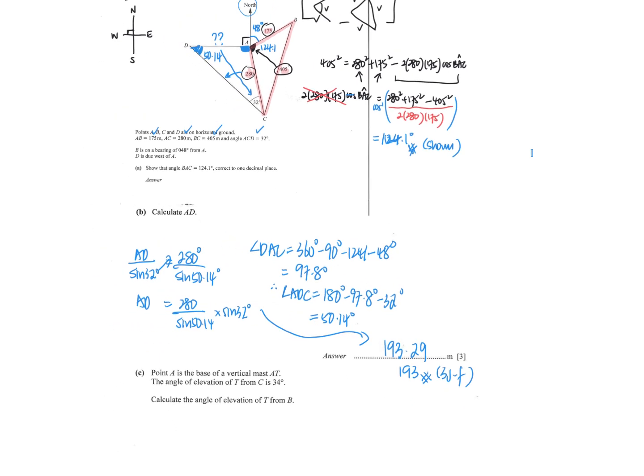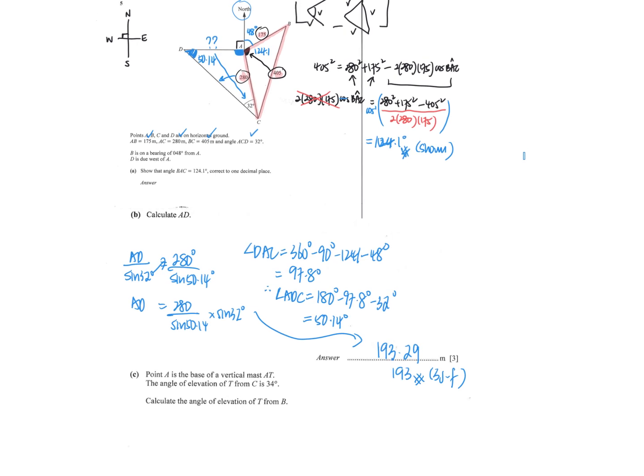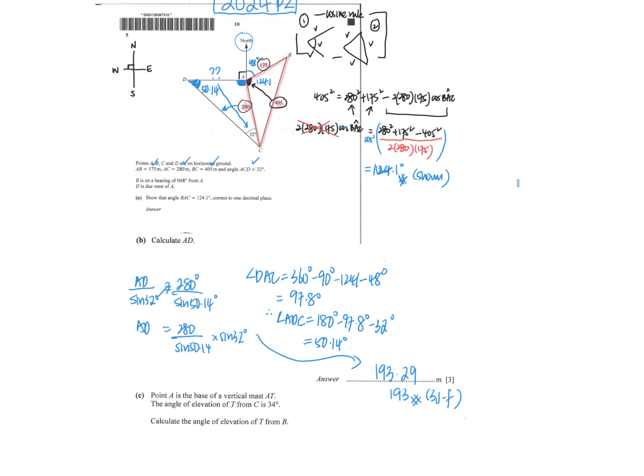Okay, last one. I have a point A that is the base of the vertical mast AT. The angle of elevation of T from C is 34 degrees. So if I have a vertical post, let's say here, I use a different color, and then I'm looking up from point C. I hope you can see the right angle triangle.